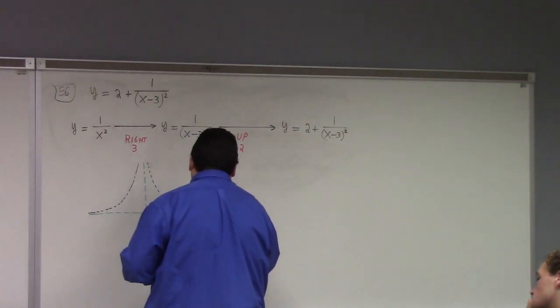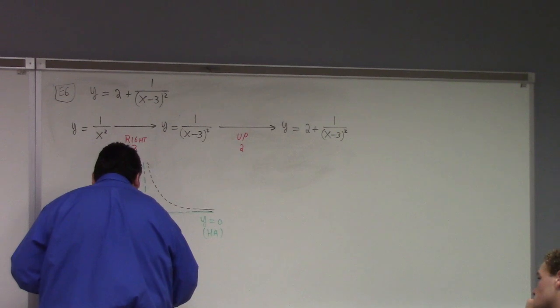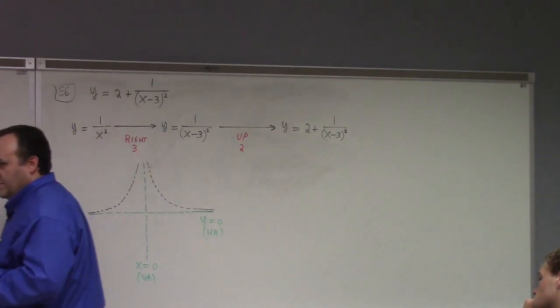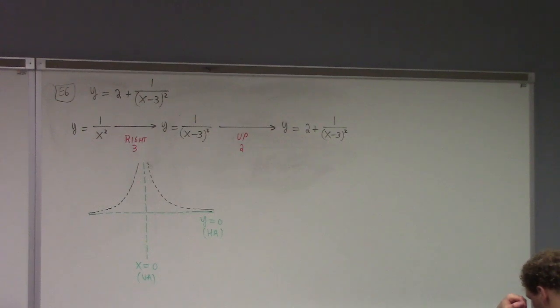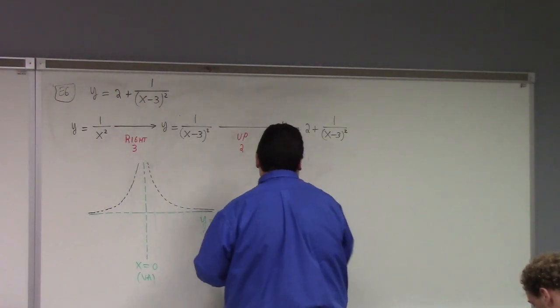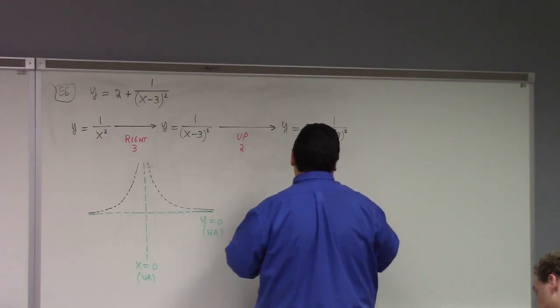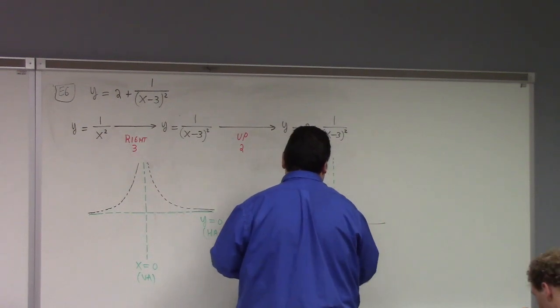In particular, y equals 0 is a horizontal asymptote, and x equals 0 is a vertical asymptote for this graph, which I abbreviate as HA and VA because writing out asymptote does not give me joy. So if you shift the graph, a simple way to think about it is just to shift the asymptote. I just need to make the asymptotes go right 3 units and up 2. And that will show me where the graph needs to be. So my new asymptotes for the final product here are at 3 and 2.